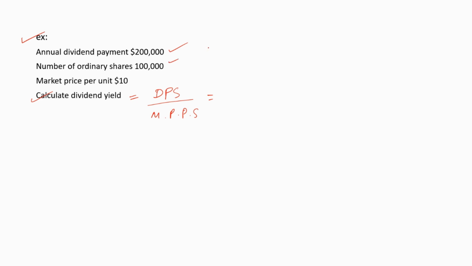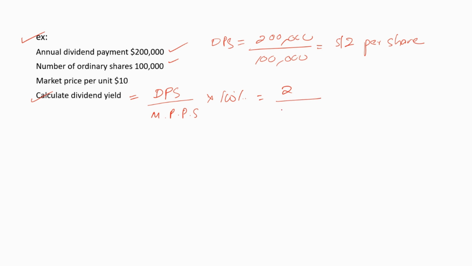Using these two figures, we calculate the dividend per share, which is equal to total dividend amount divided by the number of ordinary shares, which is equal to $2 per share, multiplied by 100%. So the dividend yield is equal to $2 divided by the market price per share, which is $10. This is equal to 20%.